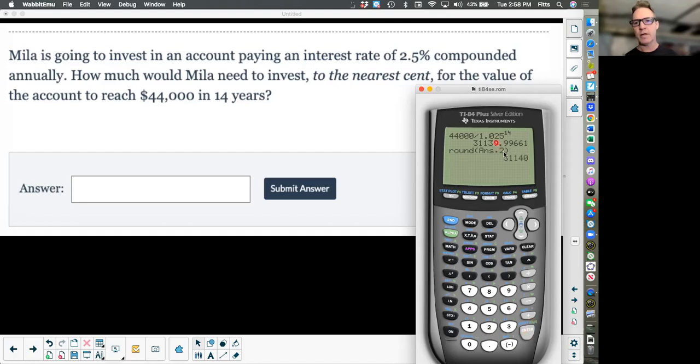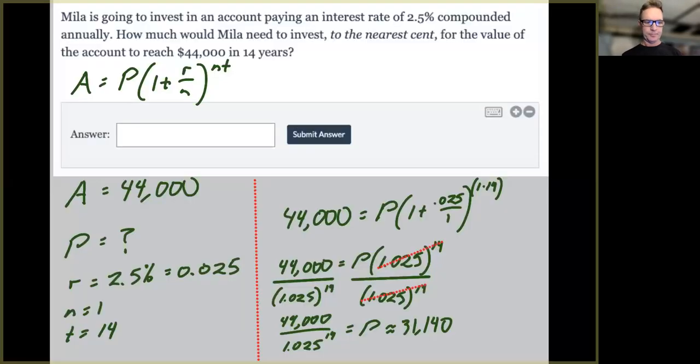Oh yeah, 31,140. Oh, that makes sense, right? Because it's 0.996. So nearest cent, everything gets rounded up. Nice. Okay, next problem. 31,140.